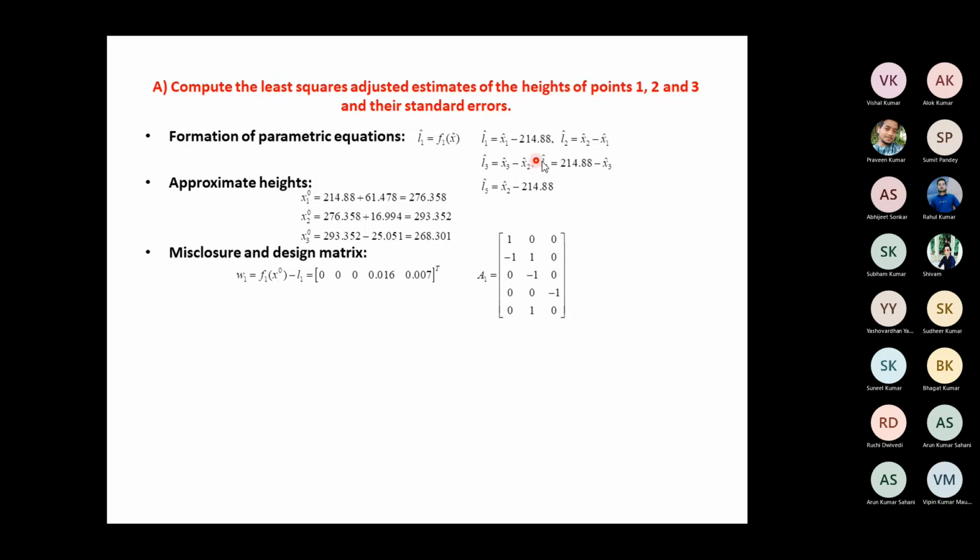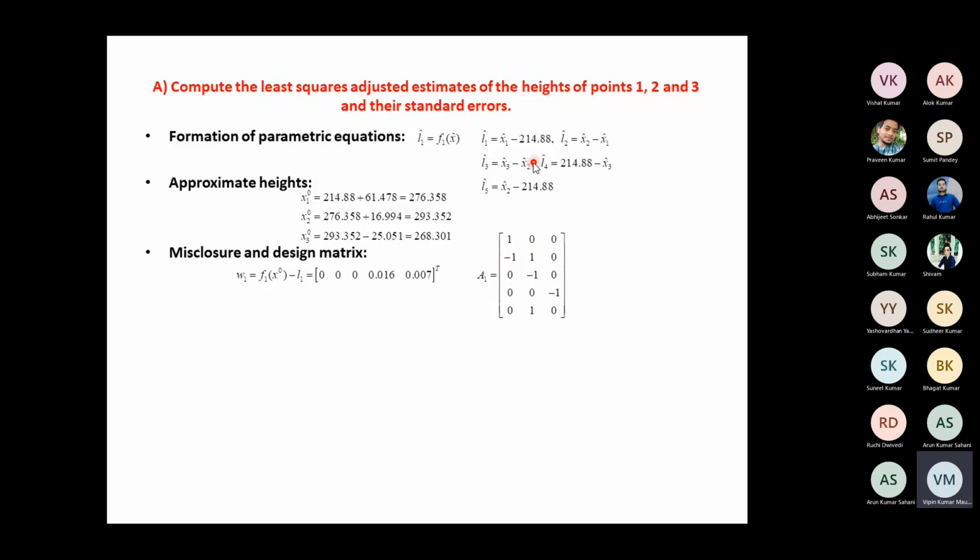For L2, it is x2 minus x1. Once we are writing the equation as L equal to Ax plus b kind of thing, x will be here. So for the first case, it is x1 only. For the second case, x2 minus x1. So x1, x2, x3 are here, but the coefficients will be in the design matrix.